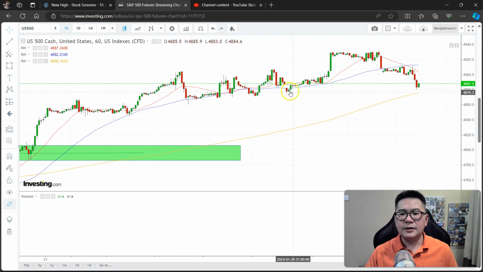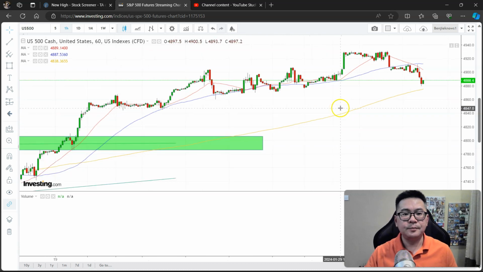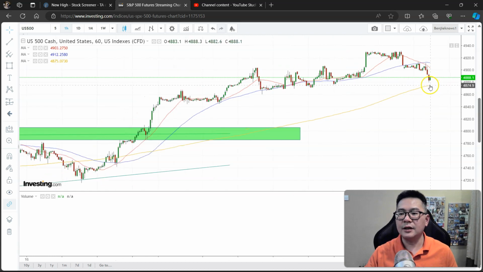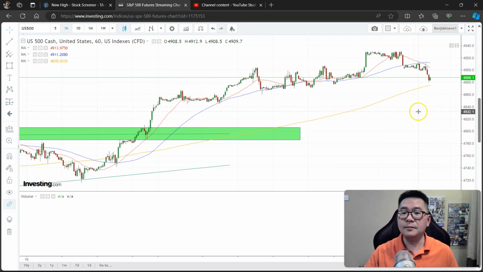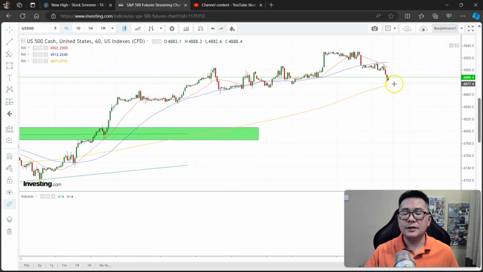Okay, let's look at the 60-minute chart. The S&P 500 dropped below this top here, the spot area, and right now is still above the 60-minute 200 MA. I attach quite a lot of significance to the 60-minute 200 MA because it tells us where the short-term trend is.